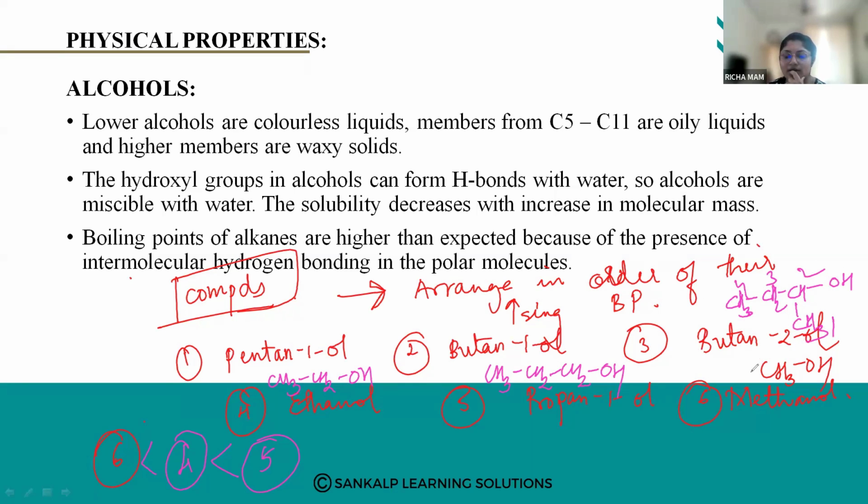So this will be the third one, then comes the second one, butan-1-ol, and then pentan-1-ol. So this is the answer: 3, 2, 1. Very good.